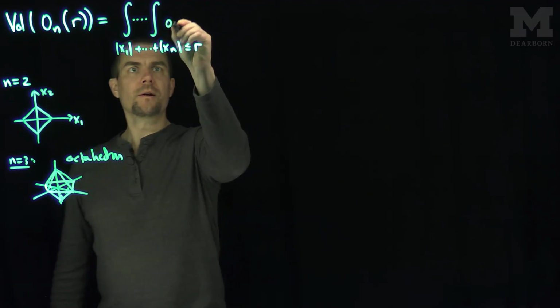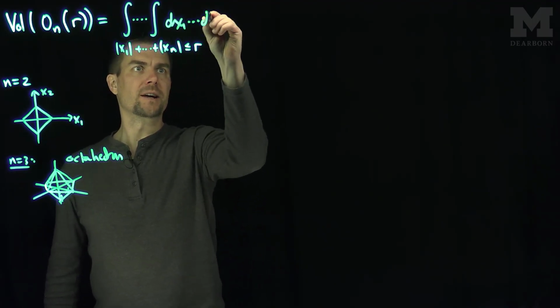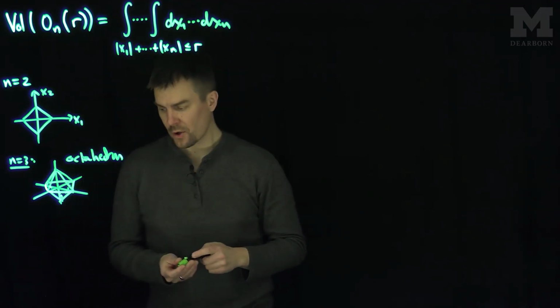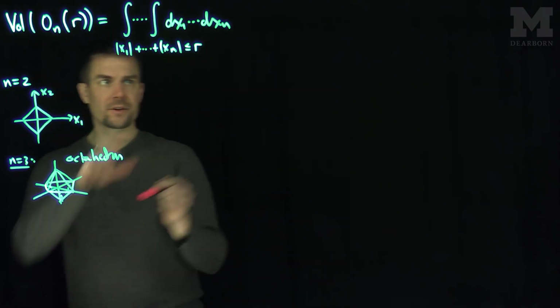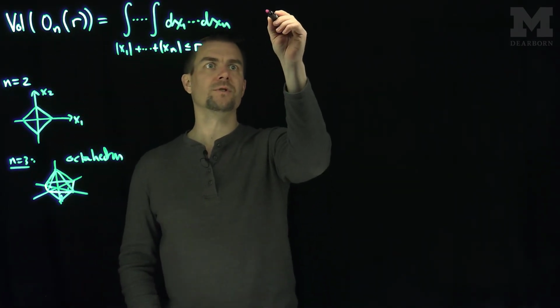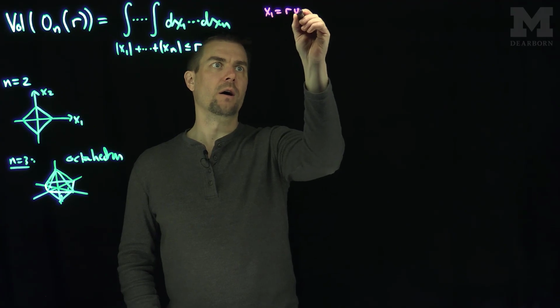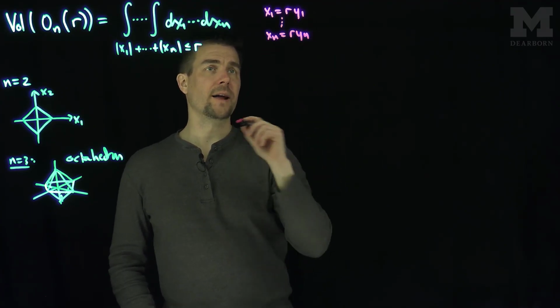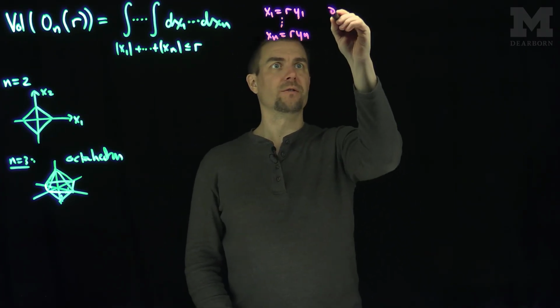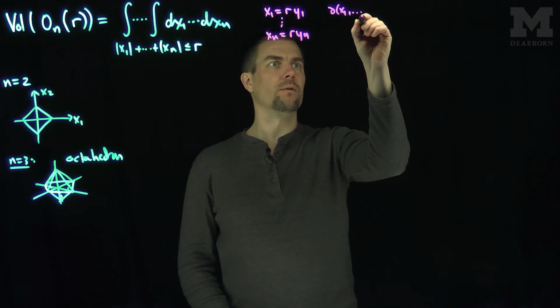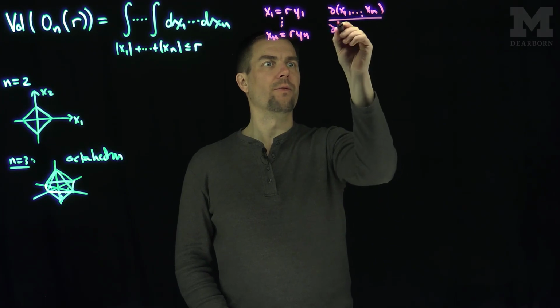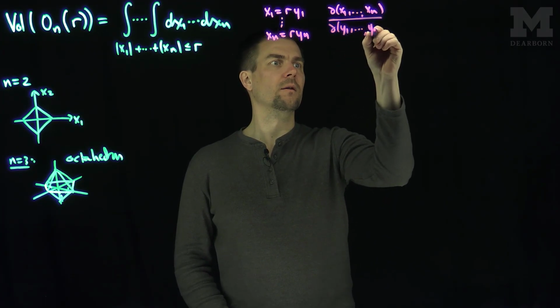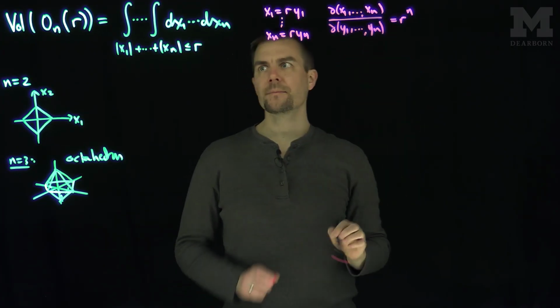So we'll have a dx1 through dxn. And we'll use a standard trick. We'll standardize this. I'm going to pull out this factor of r over here by changing the variables. I'm going to let x1 be r y1 and xn be r yn. The Jacobian of this transformation we've seen from previous videos, x1 through xn over y1 through yn, is exactly just r to the n.